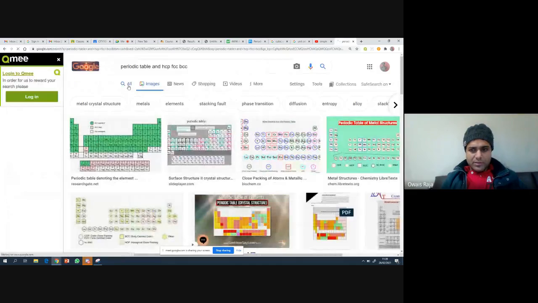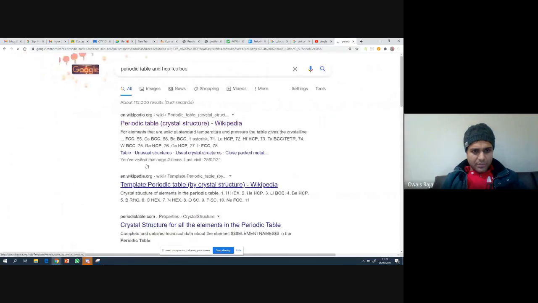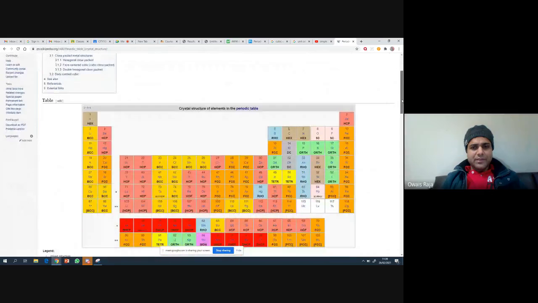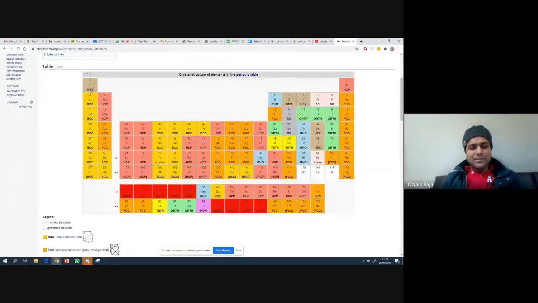Okay, not images here, the Wikipedia page, here you go. These are all the elements in the periodic table, and you can see there are loads of crystal structures. So this one is hexagonal closed pack. This is the BCC, HCP, HCP, BCC, FCC, and so on.